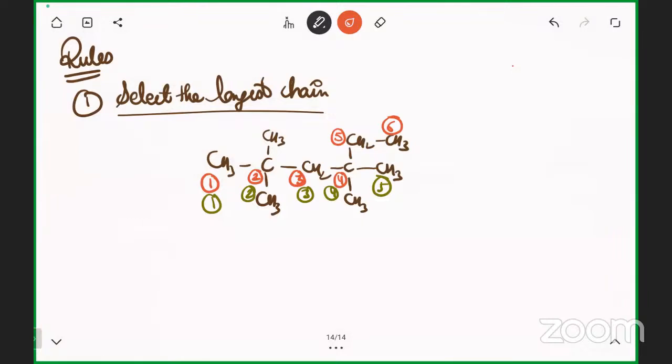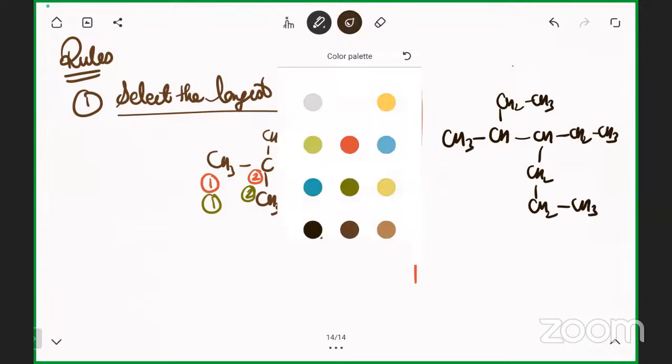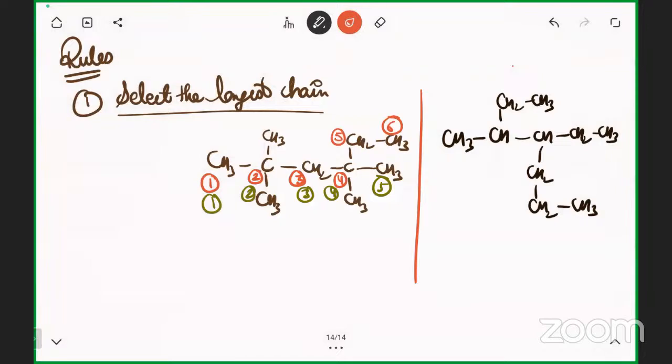Okay, I'll give one more example. The example is CH3CH, CH2, CH3, CH, CH2, CH3, CH2, CH2, CH3. One is 1, 2, 3, 4, 5, 6.